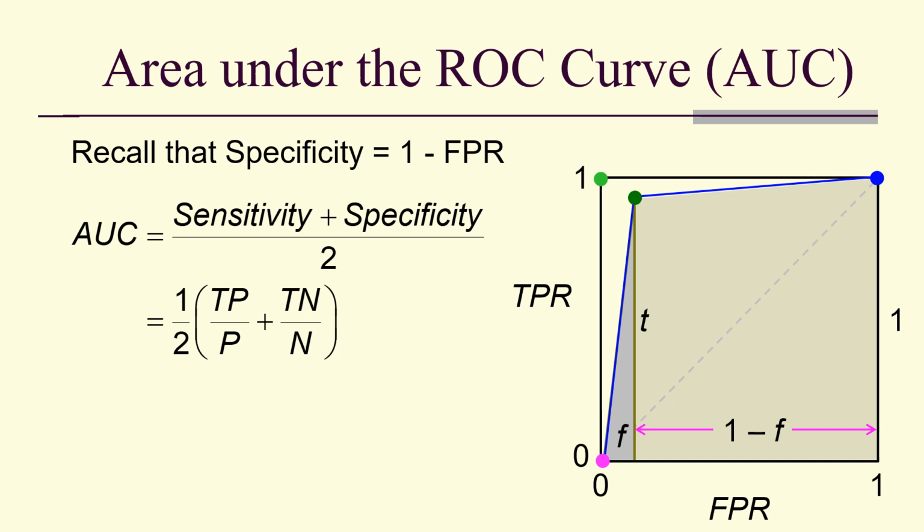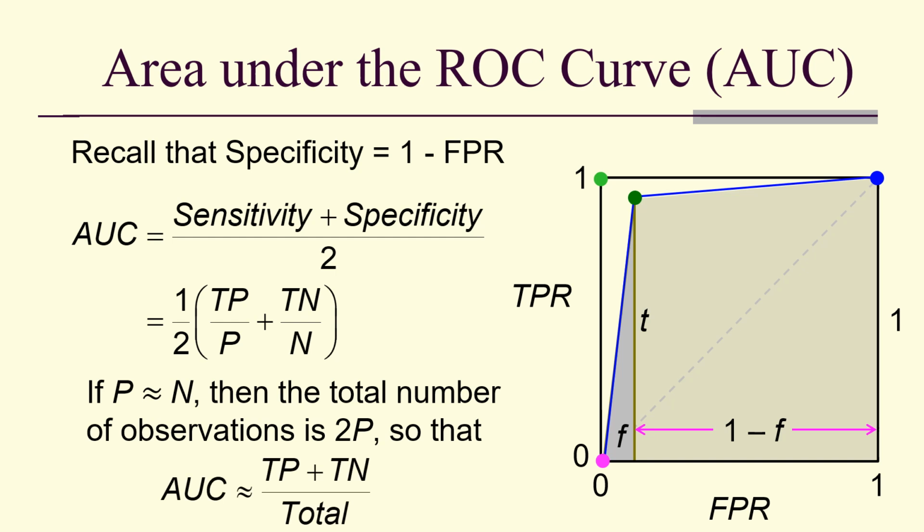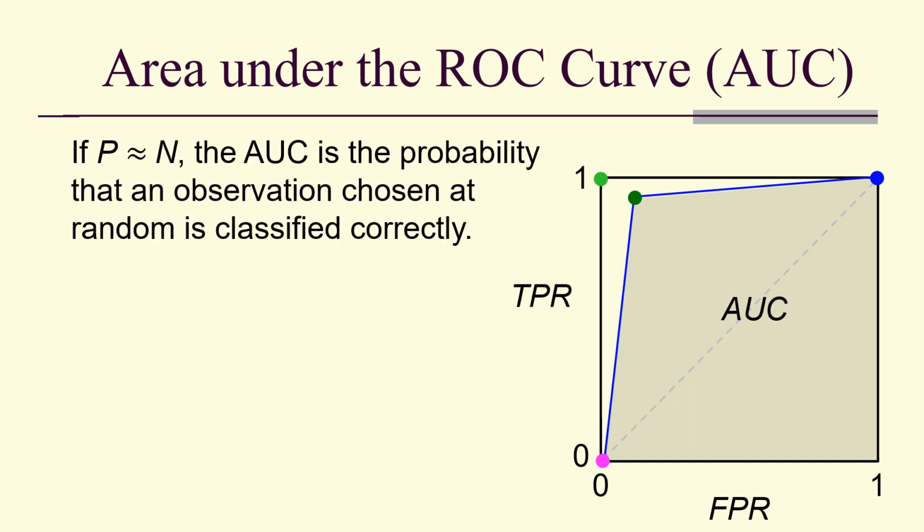So it's 1/2 of the quantity, true positives over positives, plus true negatives over negatives. Notice if p is approximately n, then the total number of observations is 2p, and therefore the area under the curve is (TP plus TN) over the total. Now if p is approximately n, the area under the curve therefore is the probability that an observation chosen at random is classified correctly.